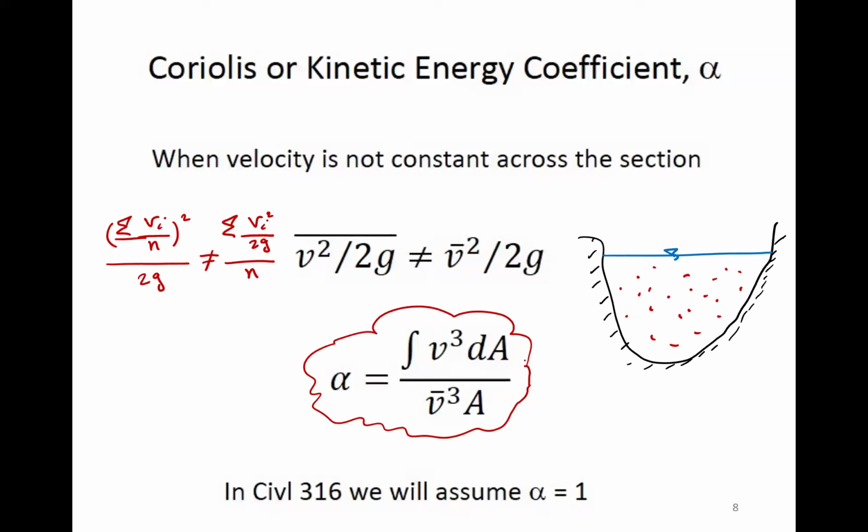It's an indication, a number showing how scattered velocities are in your section.